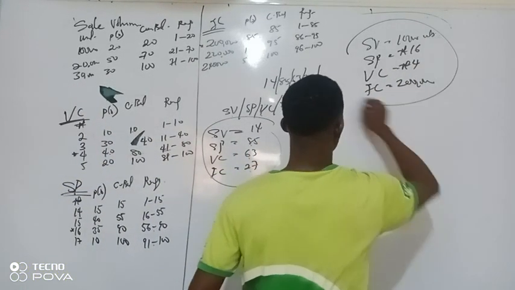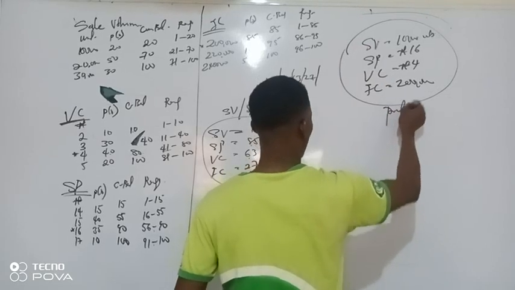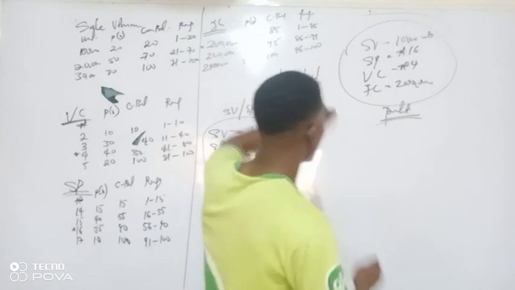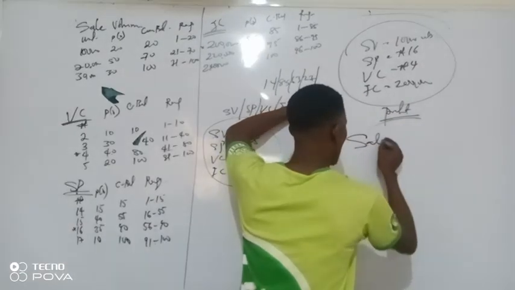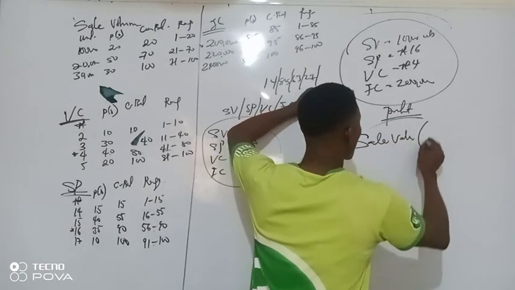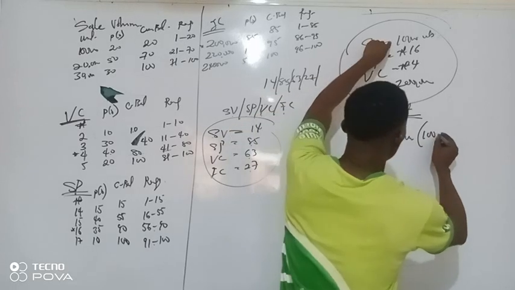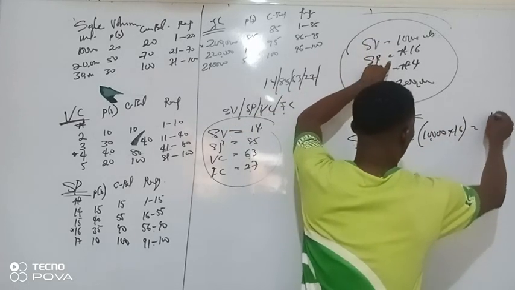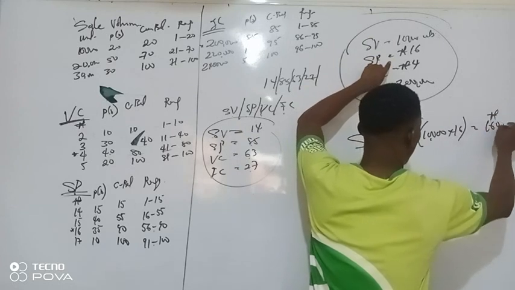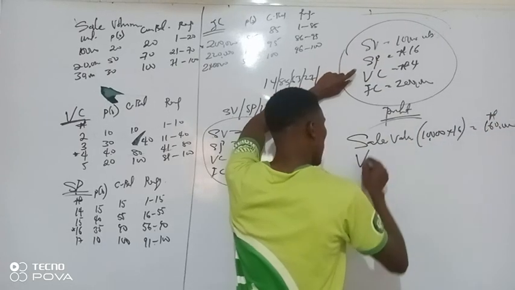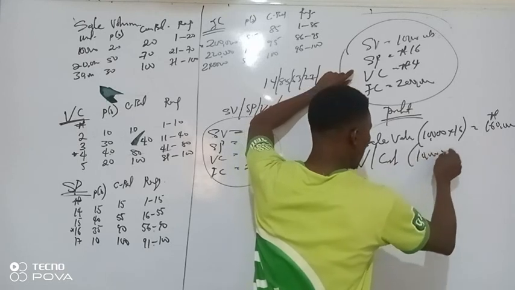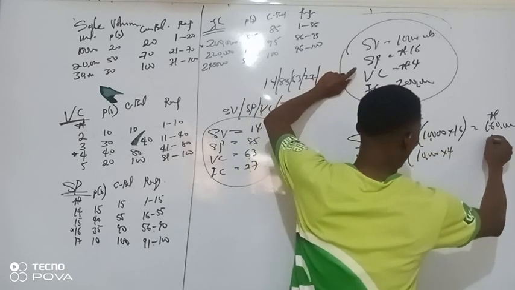With this information, calculate your profit. Your sales value will be 10,000 units times the selling price of 16 naira, which is 160,000. Your variable cost will be 10,000 units times 4 naira, 40,000.